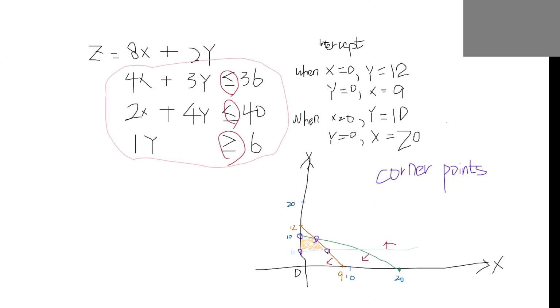So this is A, this is B, this is C, and this is D. What you can do is find the corner points, which are the solutions, plug them back into your objective function, z equals 8x plus 2y, and pick the one that maximizes your profit. That's what you need to do.